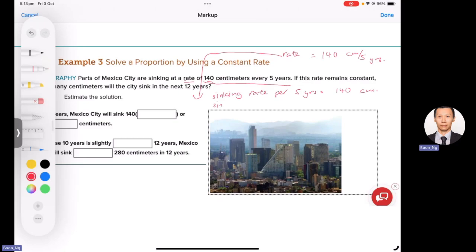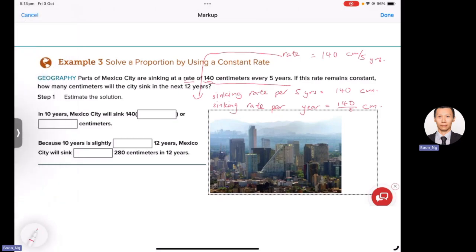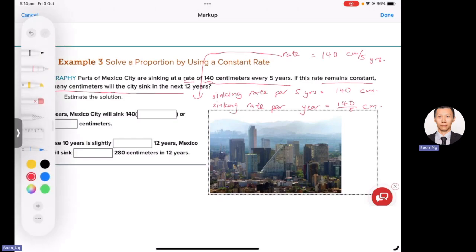The sinking rate per year will be 140 divided by 5 centimeters. What we do is, if this rate remains constant, how many centimeters will this city sink over the next 12 years? So this is per year.